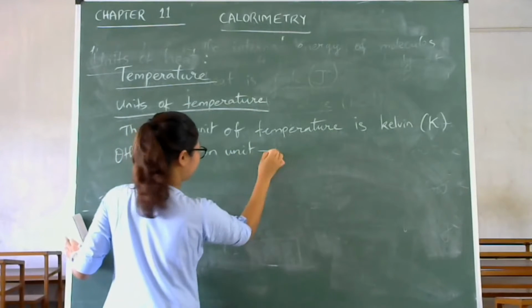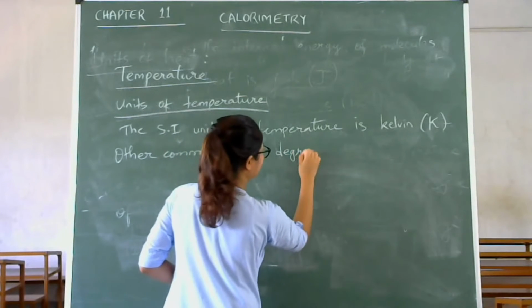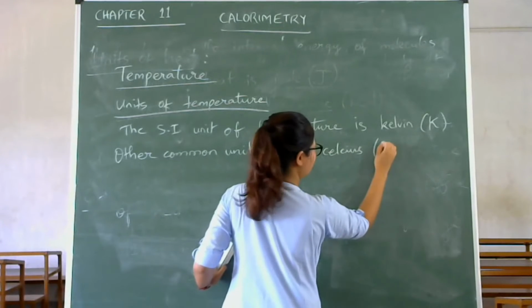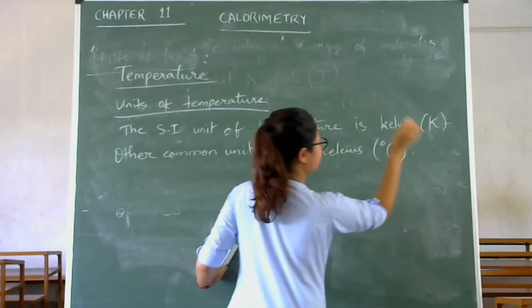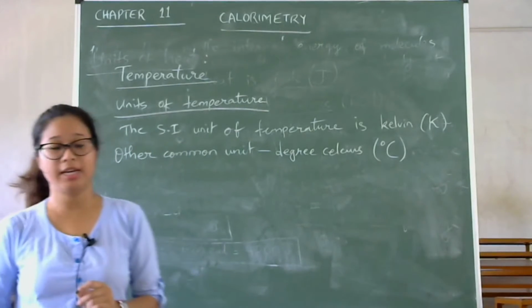The other common unit of temperature is degrees Celsius, and degrees Celsius is written like this. So the other common unit is degree Celsius.